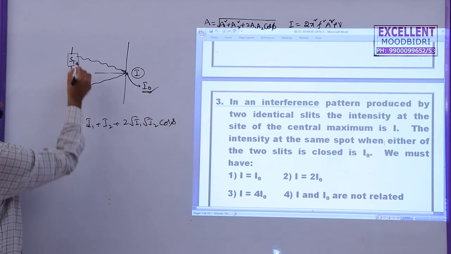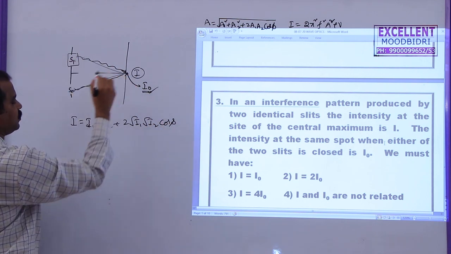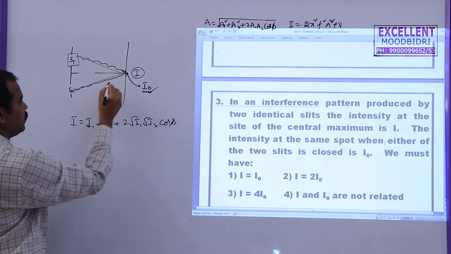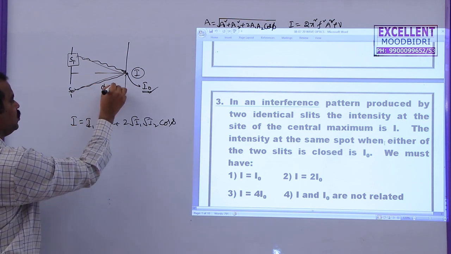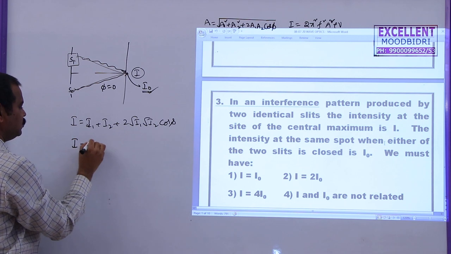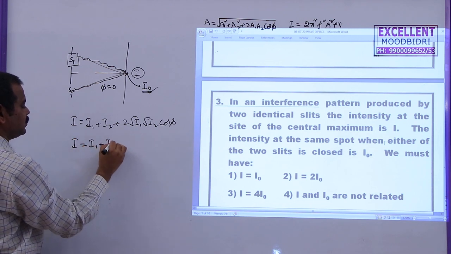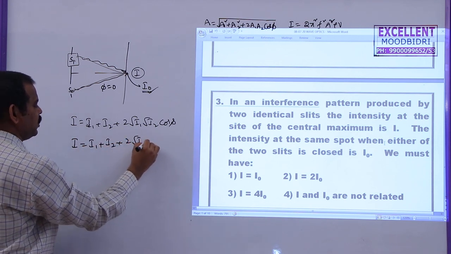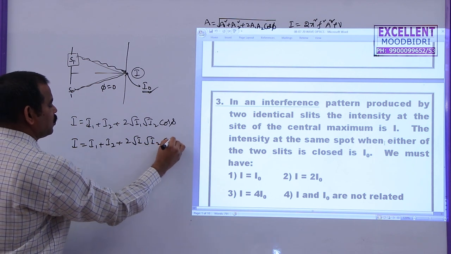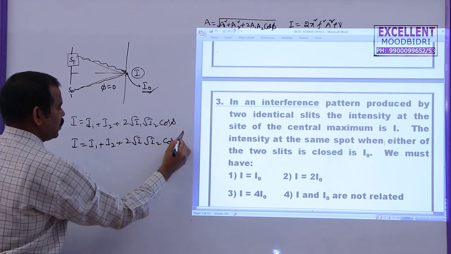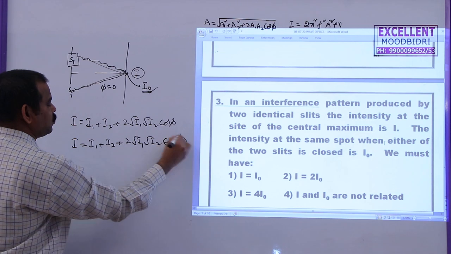When these two are coinciding with each other, superimposing at this point, the phase difference must be equal to 0. So we can write I is equal to I1 plus I2 plus 2 root I1 I2 cos 0. We know that cos 0 is equal to 1.